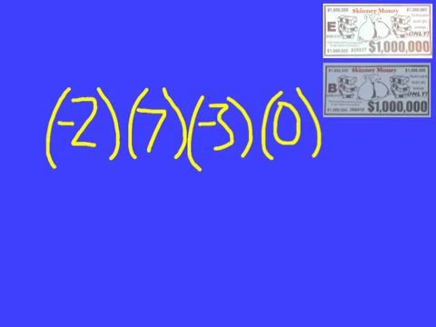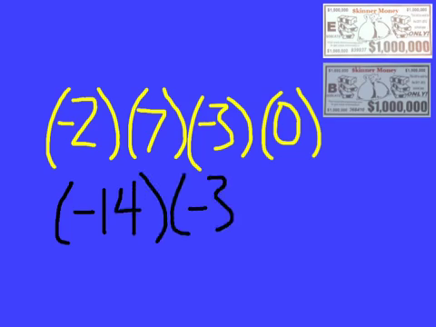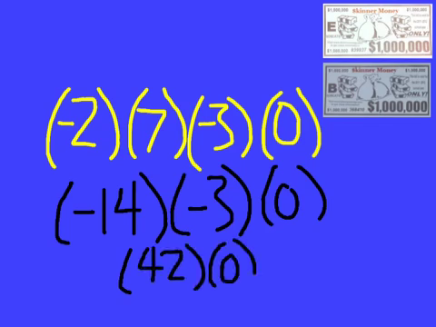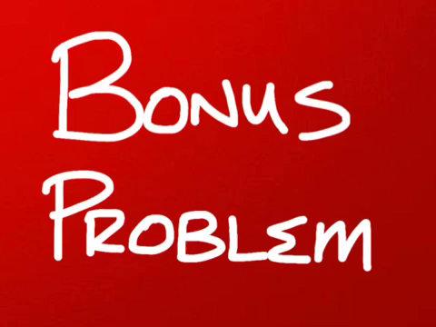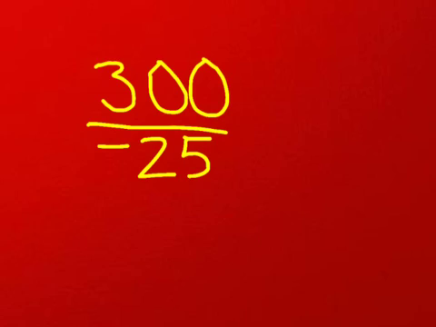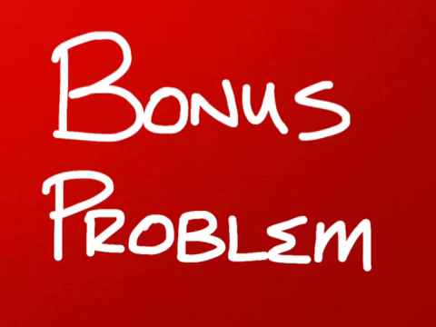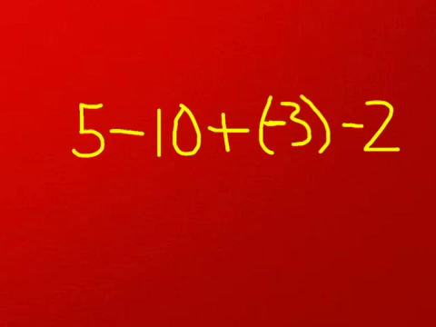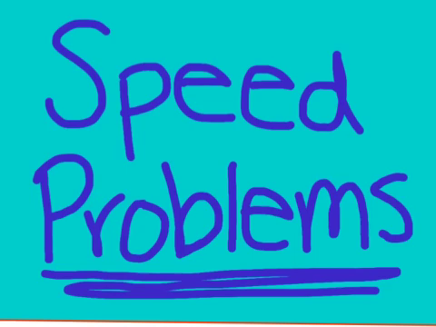Practice problem number 2. Negative 2 times 7 will give us negative 14. Negative 14 times negative 3 is going to give us positive 42. And 42 times 0 will give us 0. Answer for that one was negative 12. Answer for that one was negative 10.